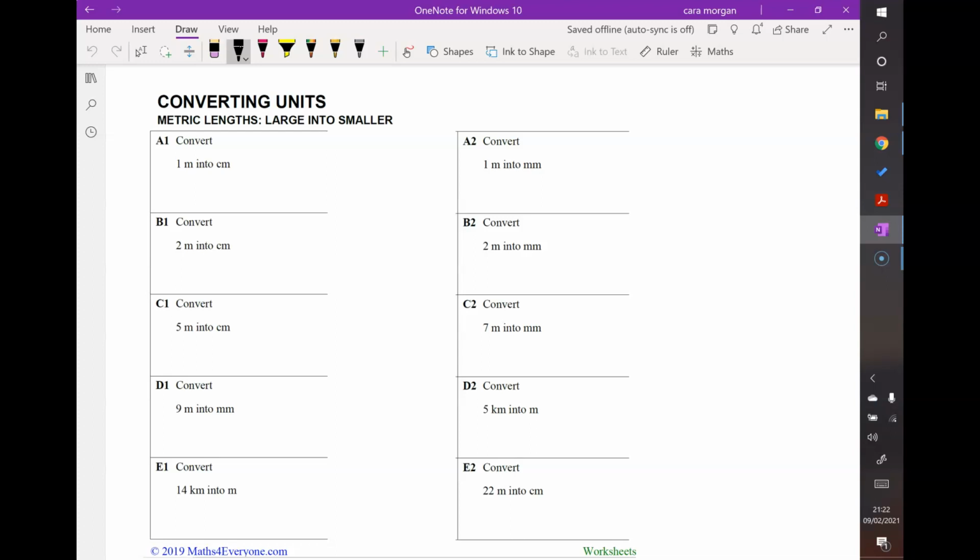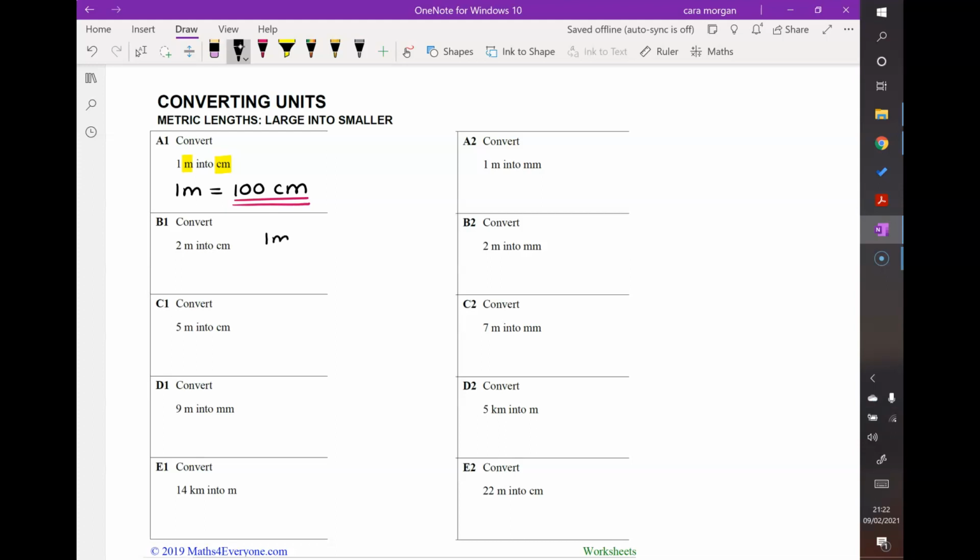Okay, so my first one is I have 1 metre into centimetres. Well, I remember that 1 metre is 100 centimetres. So 100 is my answer, 100 centimetres. I'm going to go to my next one, which is 2 metres into centimetres.